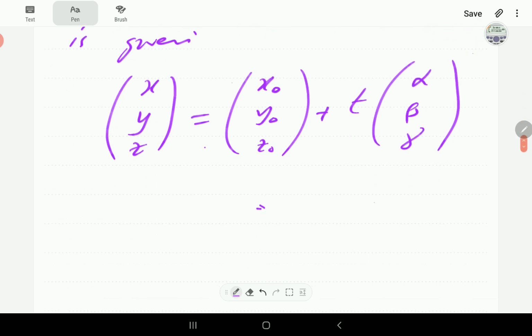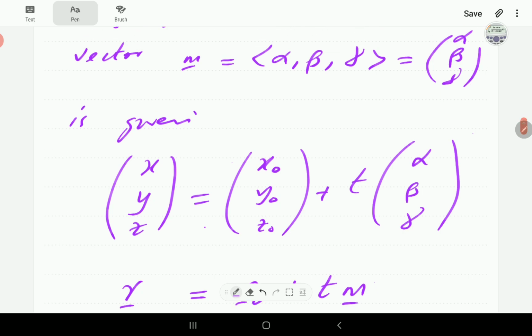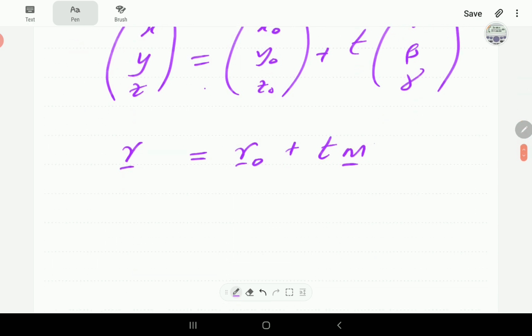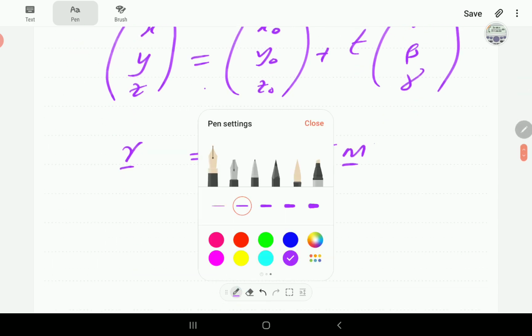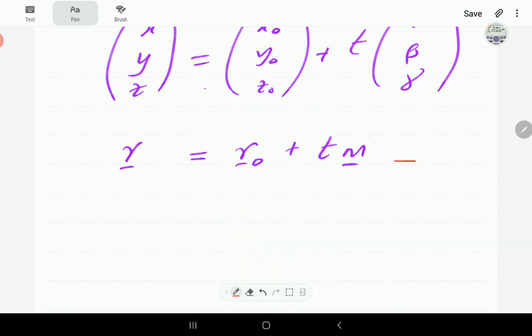Okay, so in compact form, this is r equals r naught plus t, which is a scalar parameter, multiplied by the direction vector m. So this is the vector form of the equation of the straight line in 3D.